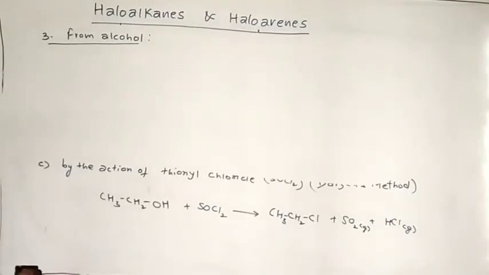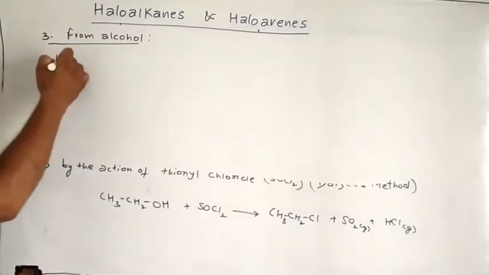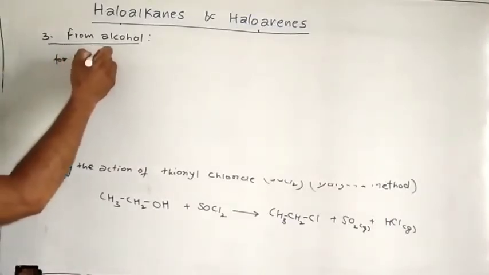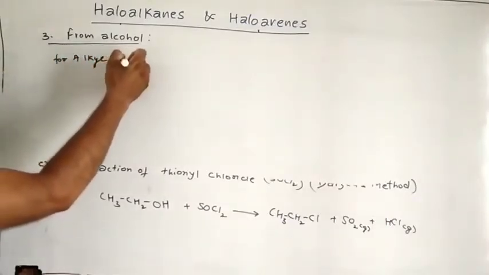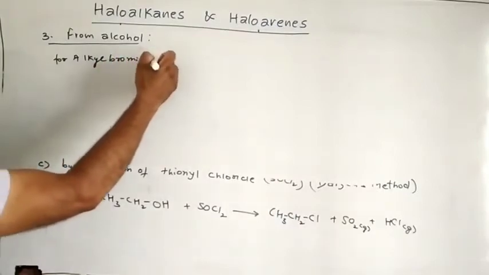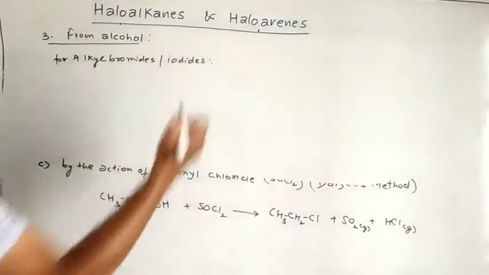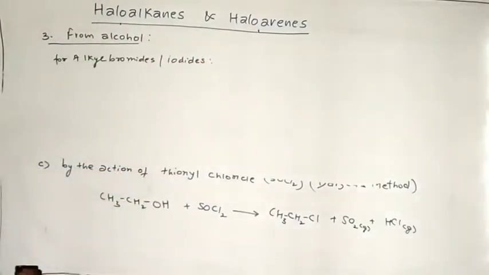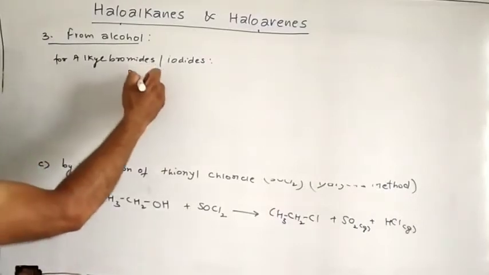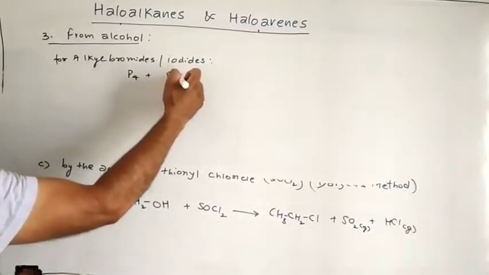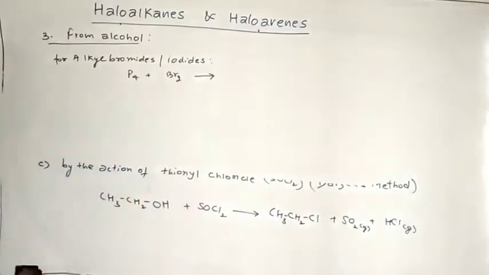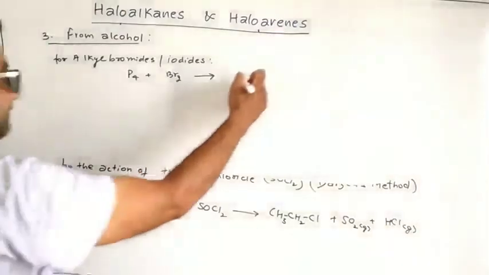So for alkyl bromide and iodides, what you do is take the red phosphorus, adding Br2. So this will give you PBr3.